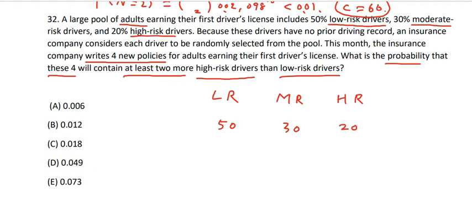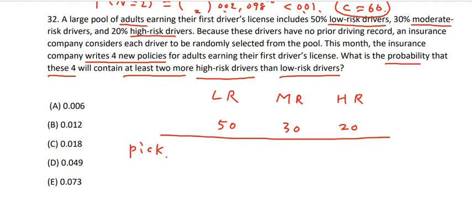Here we just pick 4 people from this population. So we pick more high risk than low risk.